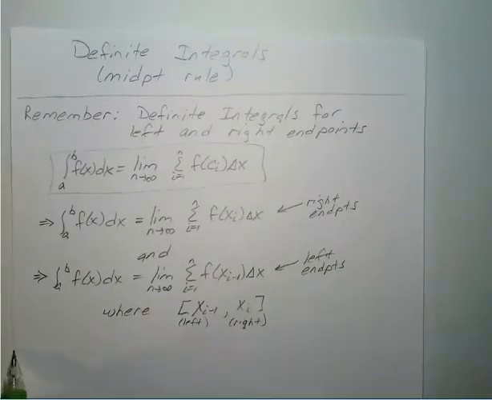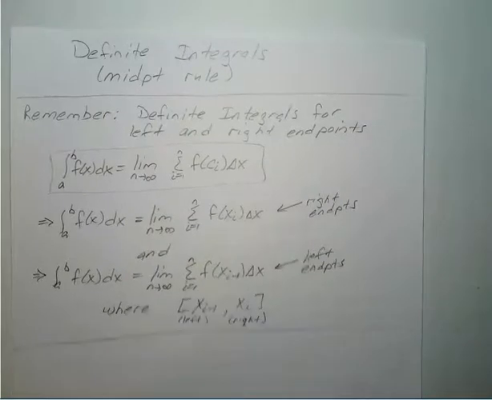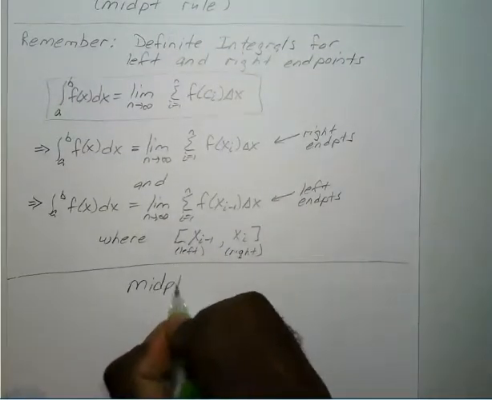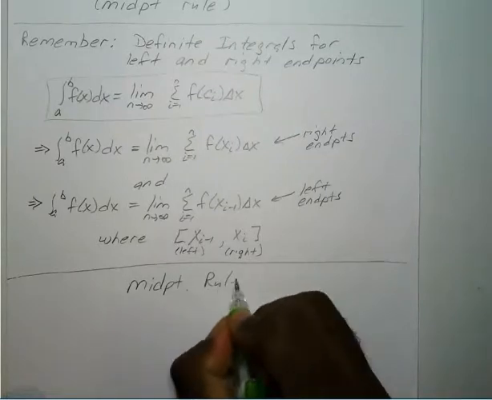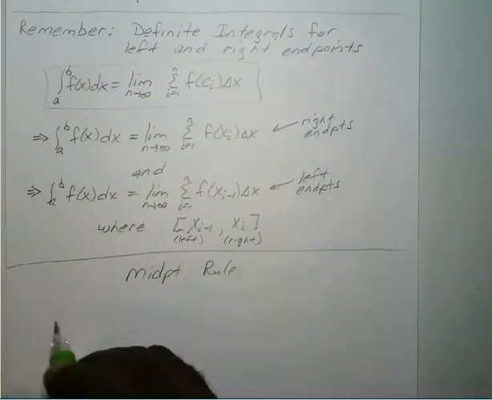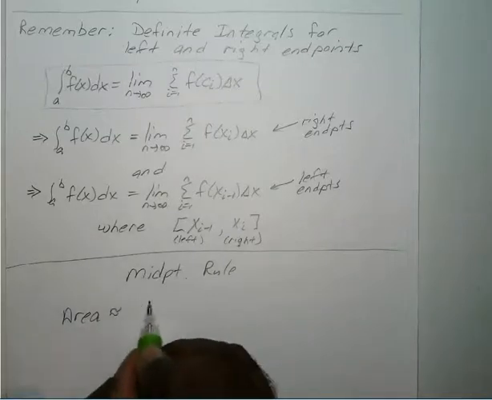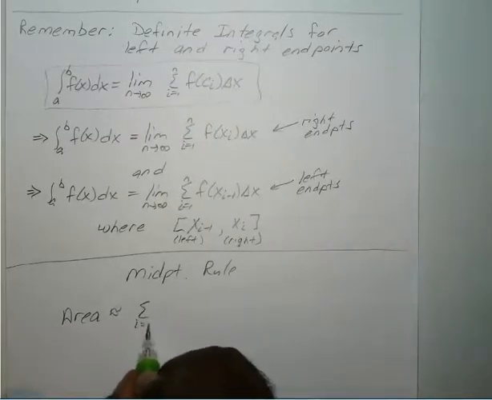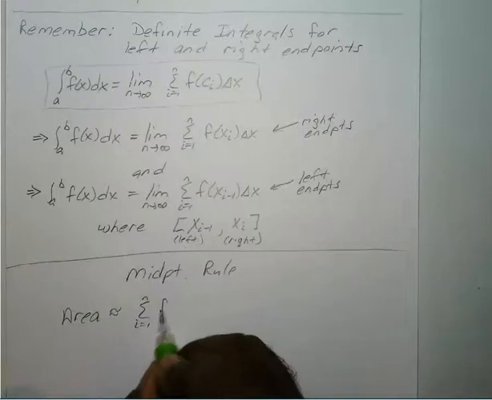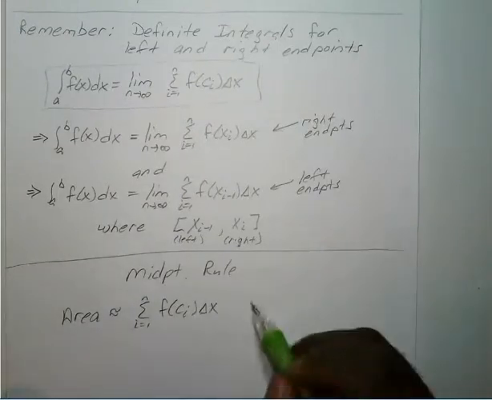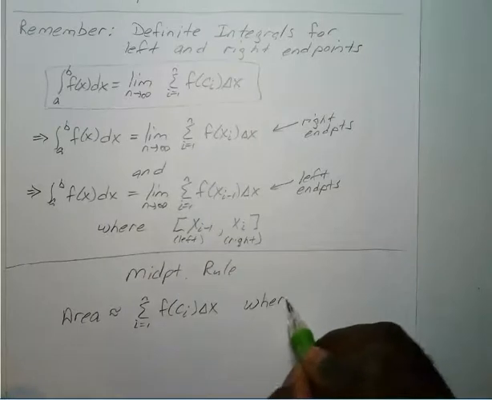All right, so for our midpoint rule, our area is going to equal the sum from i equals 1 to n of f of c sub i delta x, where our delta x hasn't changed.